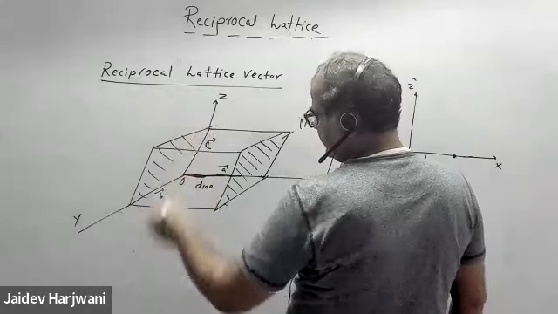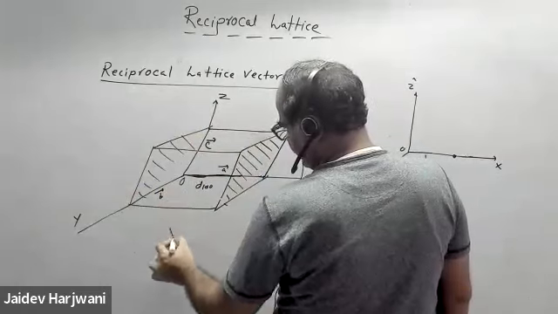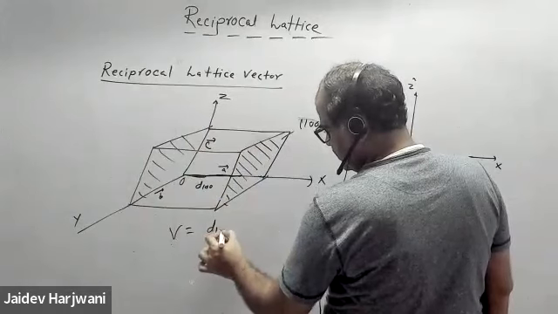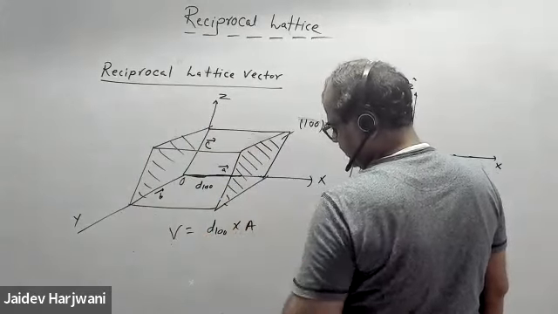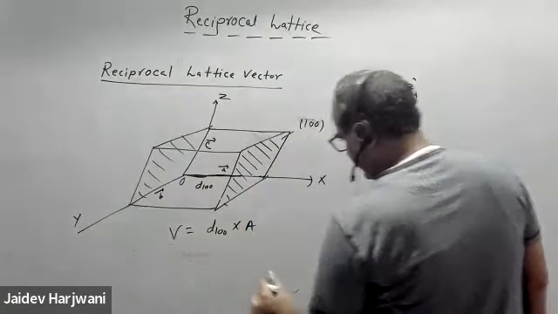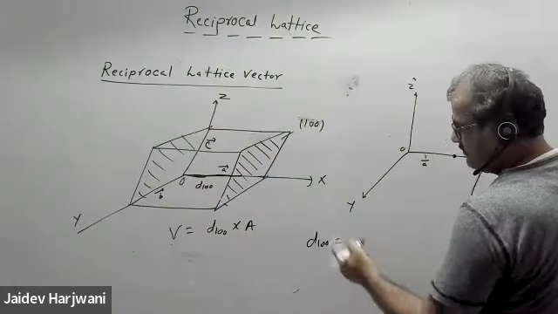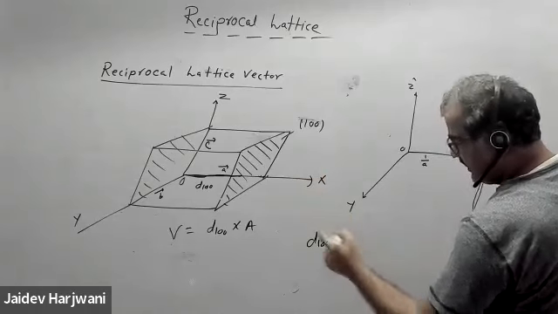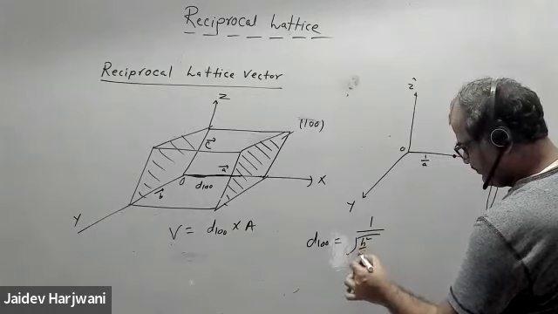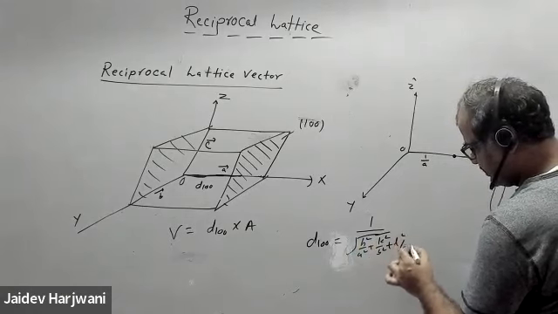Or you can understand this in another way. Suppose I want to calculate the volume of this cube. The volume of this cube is your height, this distance d100, into the area. And what is d100? If I calculate d100, if a, b, c are equivalent, 1 by d is given by h square upon a square plus k square upon b square plus l square upon c square.